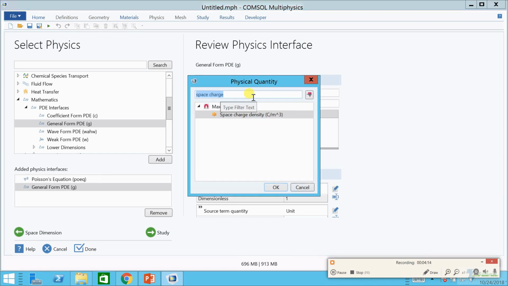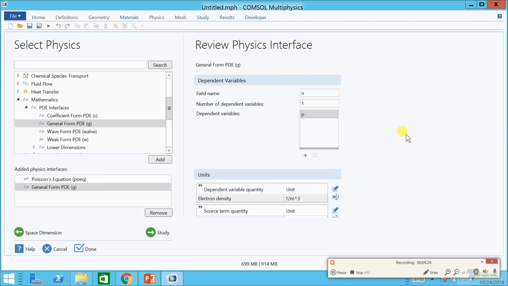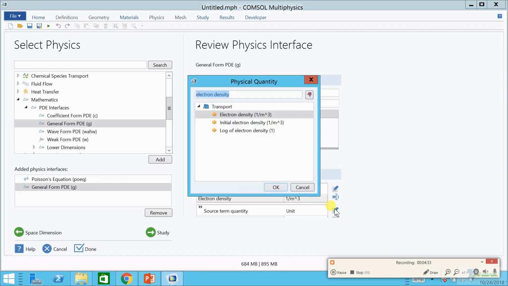And electron charge, electron density, because here everything was in 1 by centimeter cube, and the dependent variable and the source term variable is the production rate.